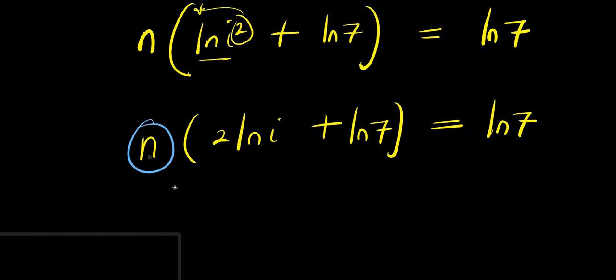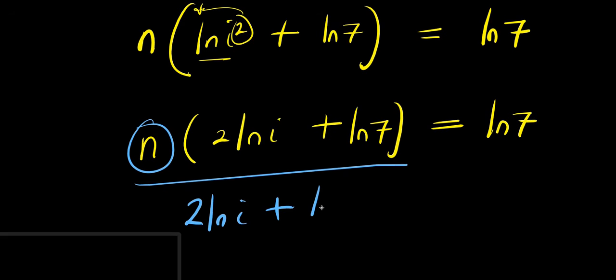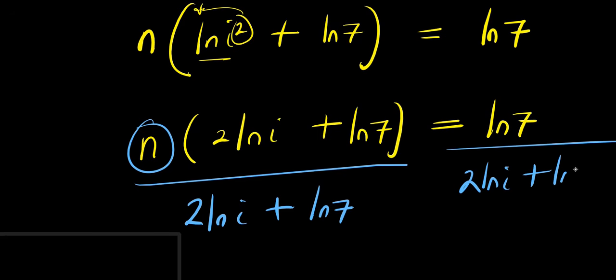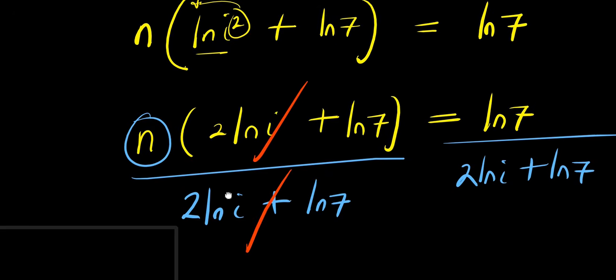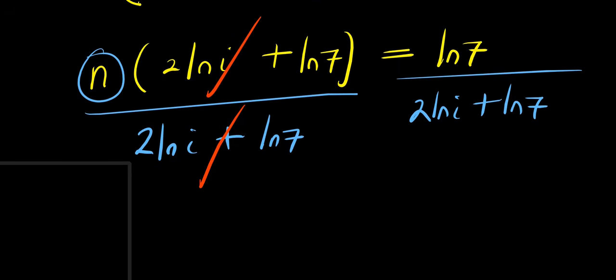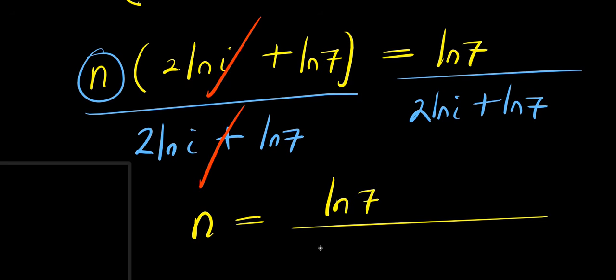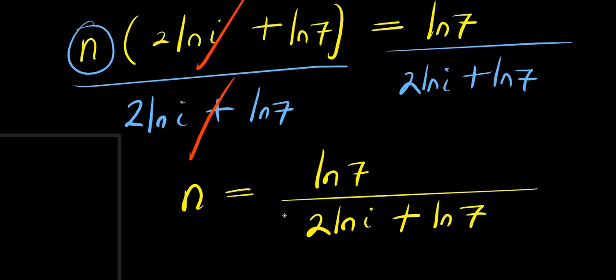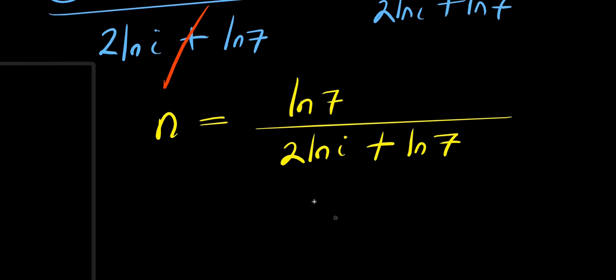So I can decide to isolate n by dividing both sides by 2 times natural log i plus natural log 7. Just cancel this. So we have n equals natural log 7 divided by (2 times natural log i plus natural log 7). So this obviously becomes our answer based on this particular approach.